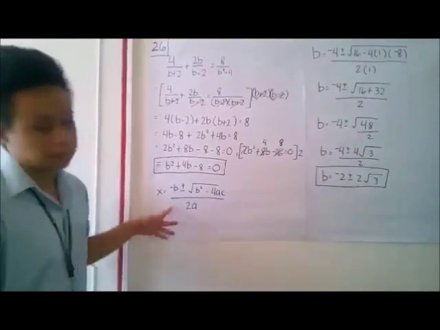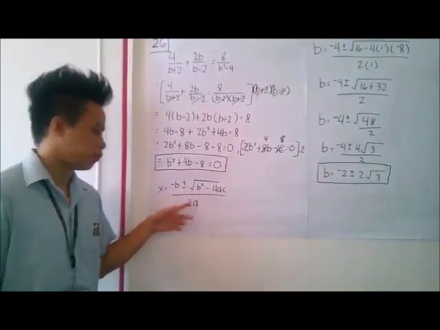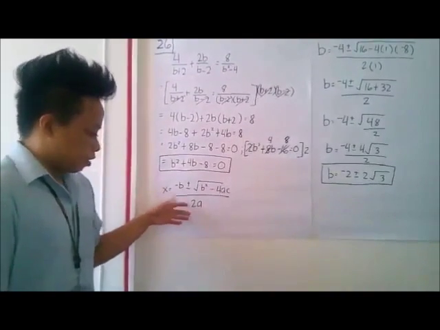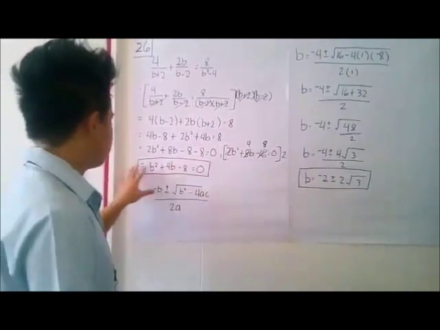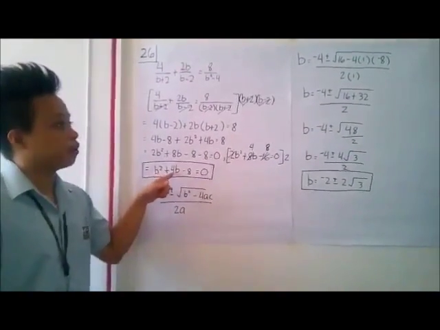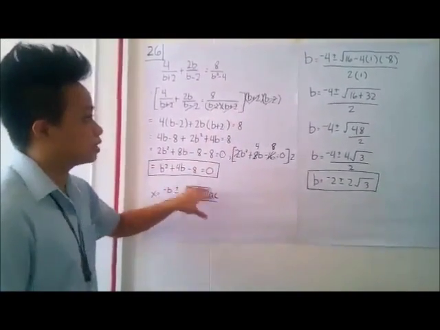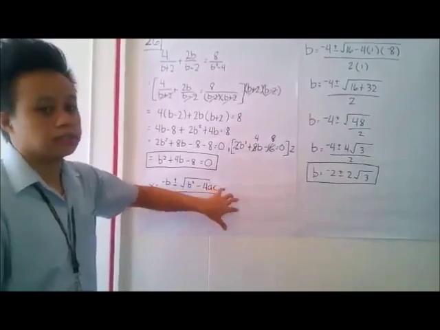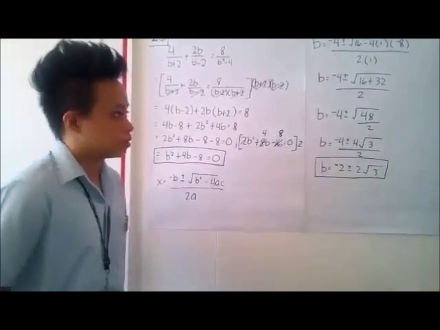So by using quadratic formula, negative b, plus or minus square root of b squared minus 4ac over 2a. So substitute. So b is 4. So -4, plus or minus square root of 16 minus 4 times 1 times -8 over 2 times 1.